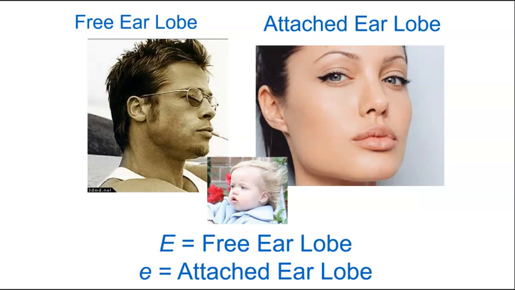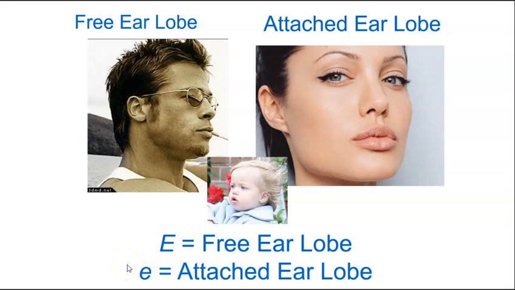Another trait is whether a person has a free earlobe or an attached earlobe. We know Brad Pitt and Angelina Jolie used to be married, and they actually had a child. So the dominant trait would be with an uppercase or capital E, meaning that person has a free earlobe.